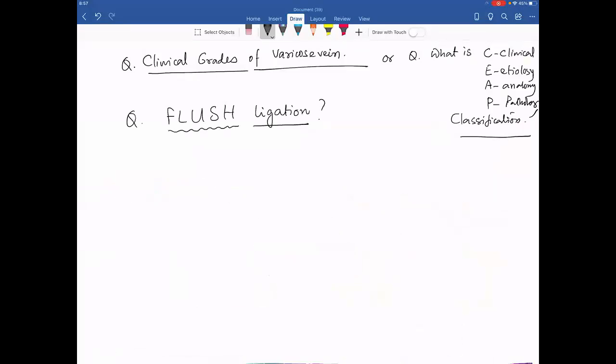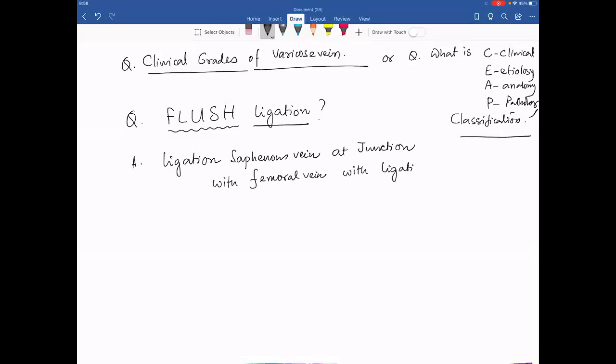The answer for this is: it is ligation of the saphenous vein at the junction with the femoral vein, with ligation of all tributaries that drain into the saphenous vein.